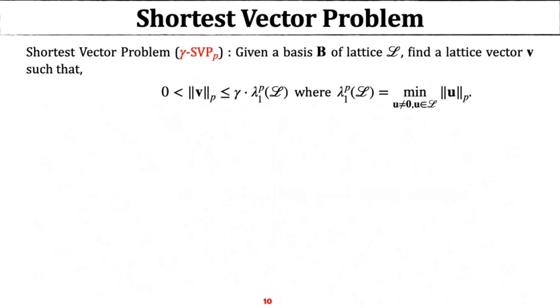Now we are good enough to define the problems. The first problem is the shortest vector problem, and it can be defined for any approximation factor. For the gamma approximation of the shortest vector problem, given a basis B of the lattice, the problem is to find a nonzero lattice vector V such that the LP norm of the vector is at most gamma times lambda1.